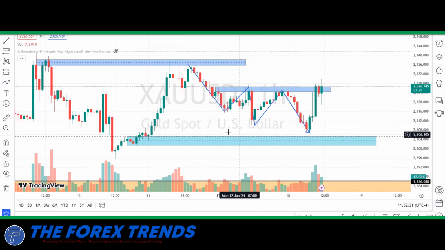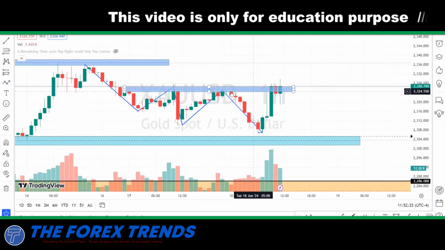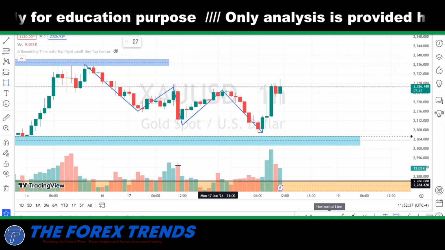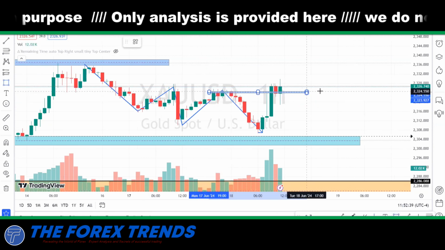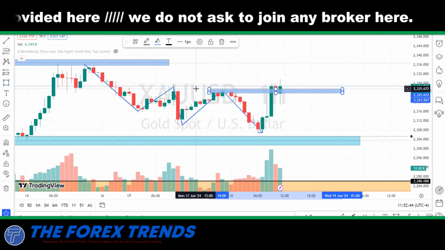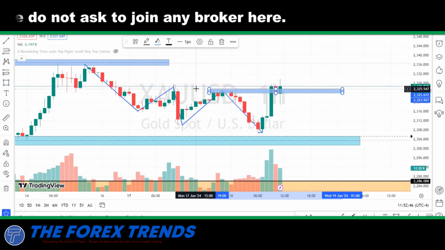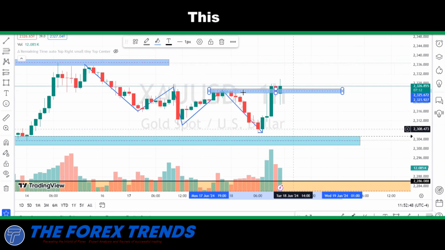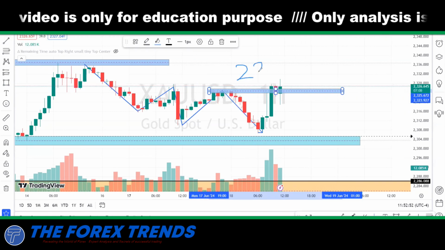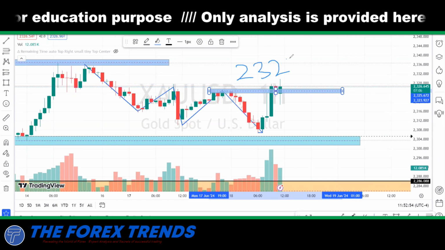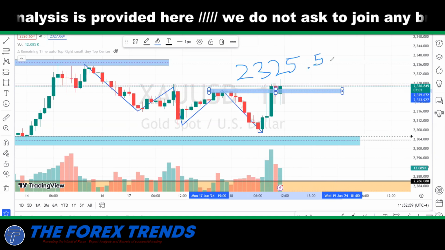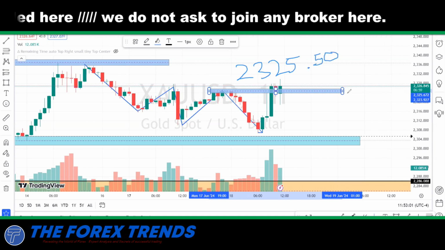As per this structure, the last resistance of this 1 hour frame is here, and the last resistance price is 2325.50. Mind this price.